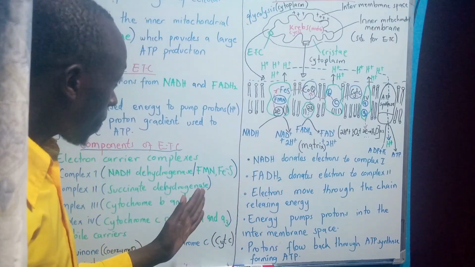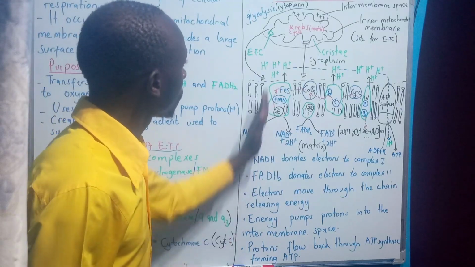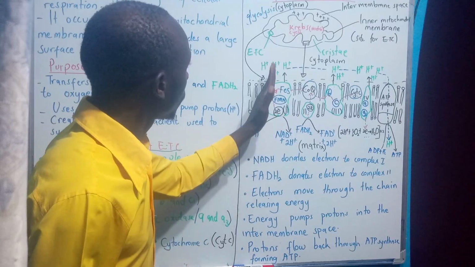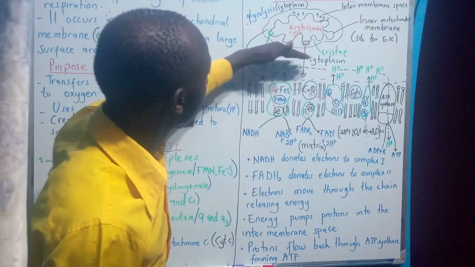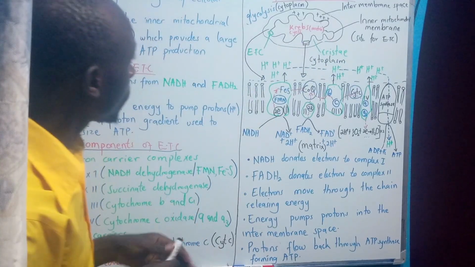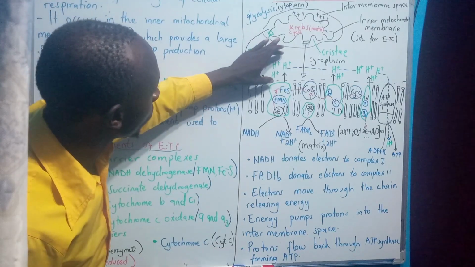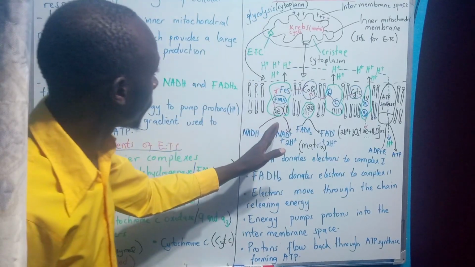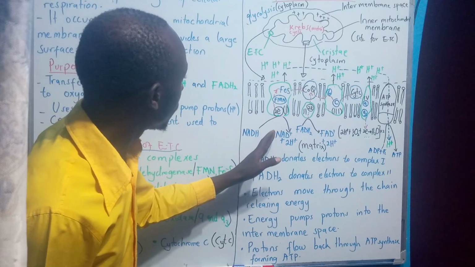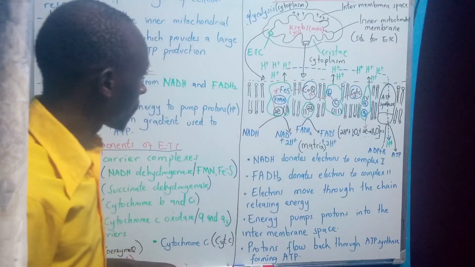Remember, NADH has been reduced and then hydrogen ions have been removed. Now, these hydrogen ions which have been removed are going to be pumped to the intermembrane space, and this intermembrane space is going to be charged. So 4 of them are going to be taken to the intermembrane space. The only pathway that allows these hydrogen ions to cross is this protein complex.